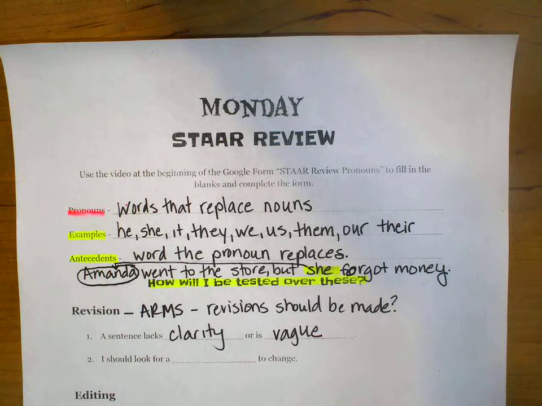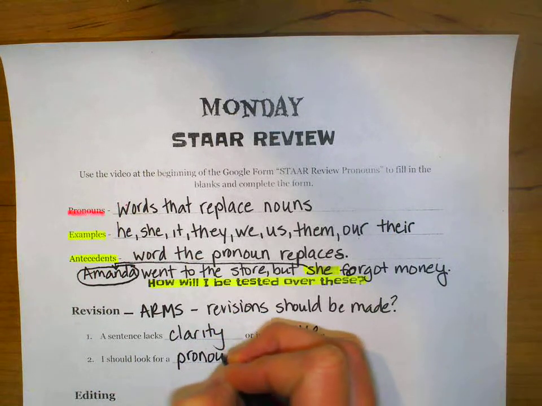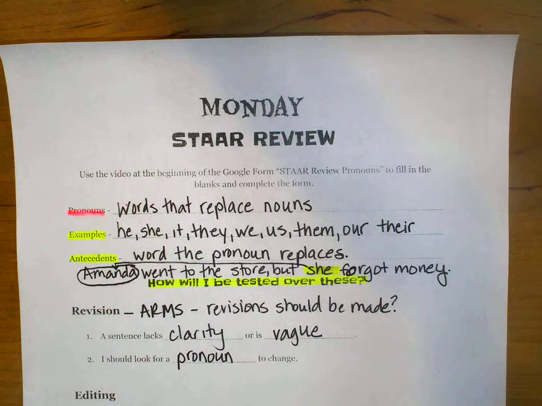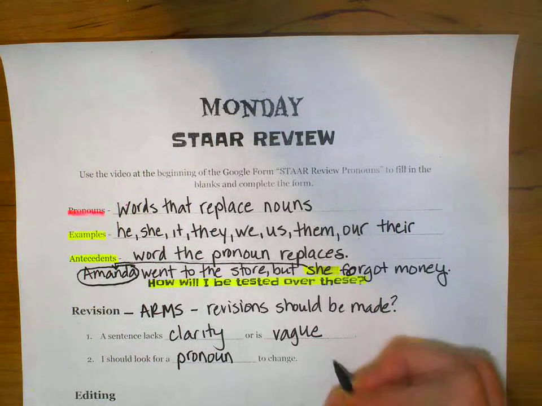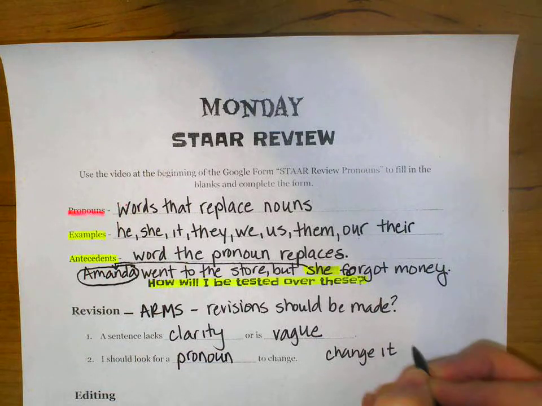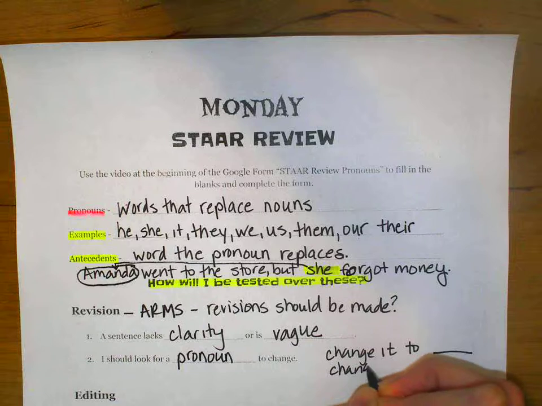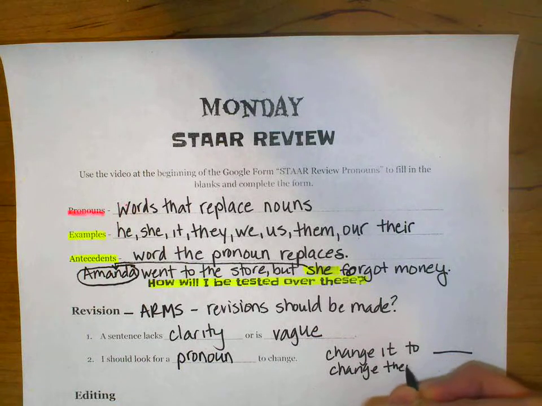So whenever it says a sentence lacks clarity or is vague, I should look for a pronoun to change. So you would look for the answer that says change it to blank. Change they to blank. Okay?